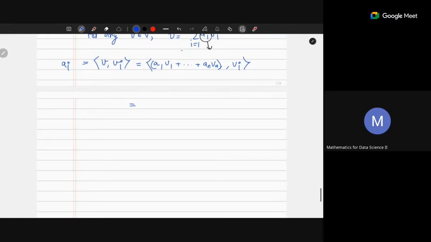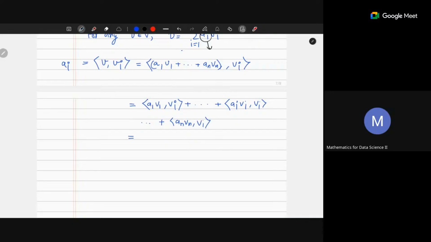So you will get a1 inner product of V1 with Vi, plus up to the ai term, and then the last an, inner product of Vn with Vi.